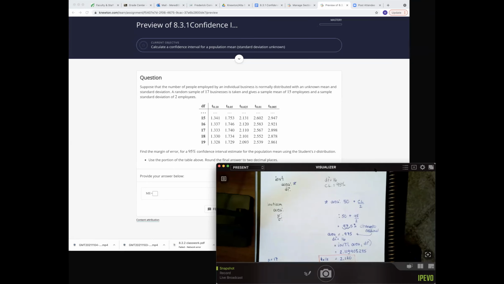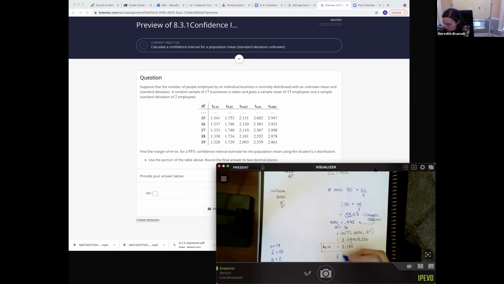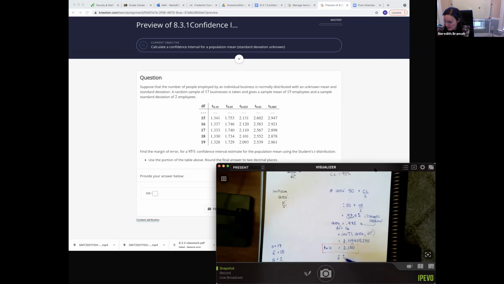The positive and the negative are built into the equation, because when we say x bar plus or minus, the plus and the minus is already built into the problem. Does that make sense? Yeah, I see that now. So we don't have to subtract it. We just have to find the positive, which gives us the margin of error. And when we add and subtract it from the mean, we get the right answer.